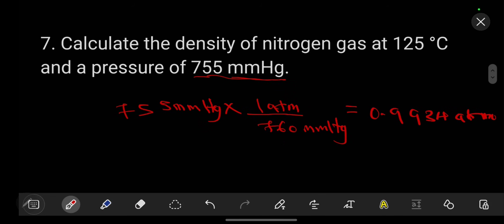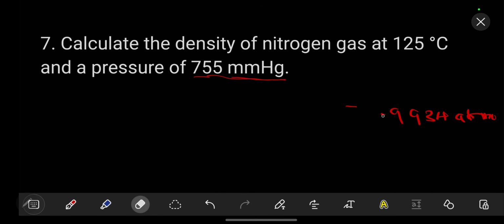Now, here they have introduced density, so we need to know how we are going to come up with the formula for density. We know from the ideal gas equation that PV should be equal to nRT.